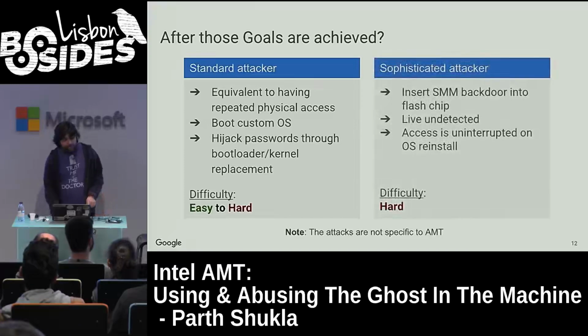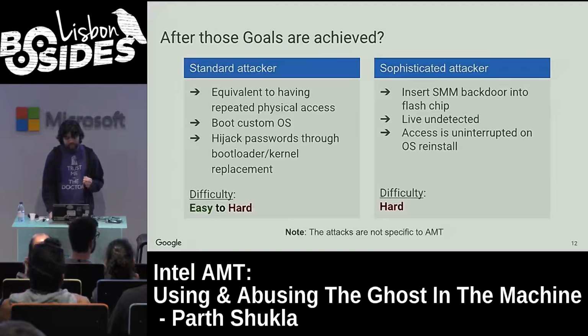As a sophisticated attacker, you can use AMT to restart the machine to your own boot disk again, but this time you can insert a system management mode backdoor into the flash chip itself. Since we have root in the box, we can talk to the flash chip. This is not as universal as the standard attack, because most machines severely lock down writing to the BIOS region, so that usually complicates your life.